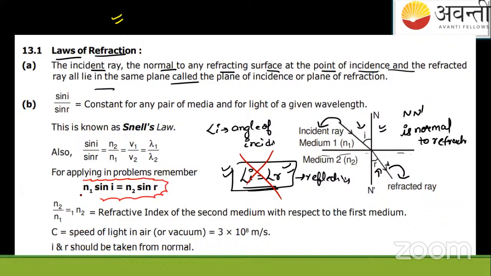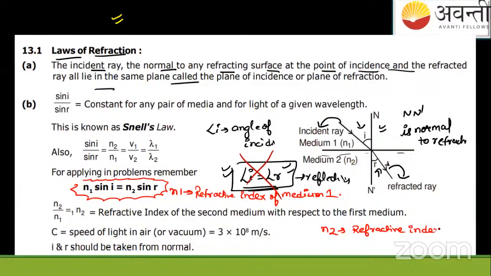Let us say N1 is the refractive index in medium 1, and N2 is the refractive index in medium 2.